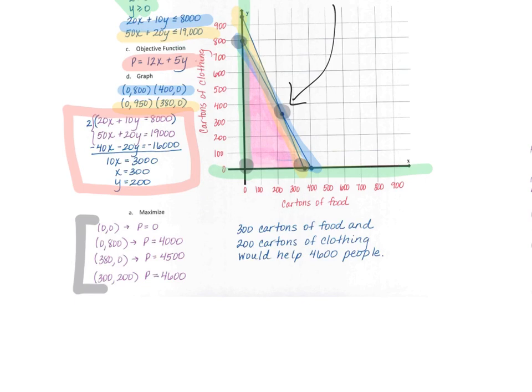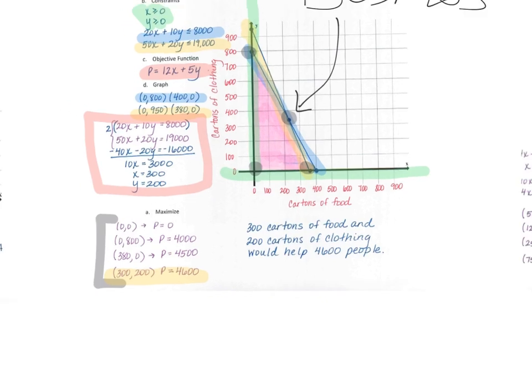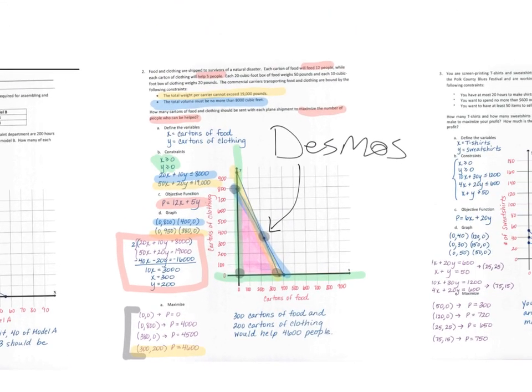Clearly, if we're sending 0 cartons of food, 0 cartons of clothing, we're not really going to help anybody. But we want to figure out which one of these would maximize our scenario. So we're going to have to do 4 iterations here of that process since we have 4 corners. And I'm looking for the highest one, and it looks like 4,600 is going to be my maximized value. So that's how we go through and interpret the answer key.